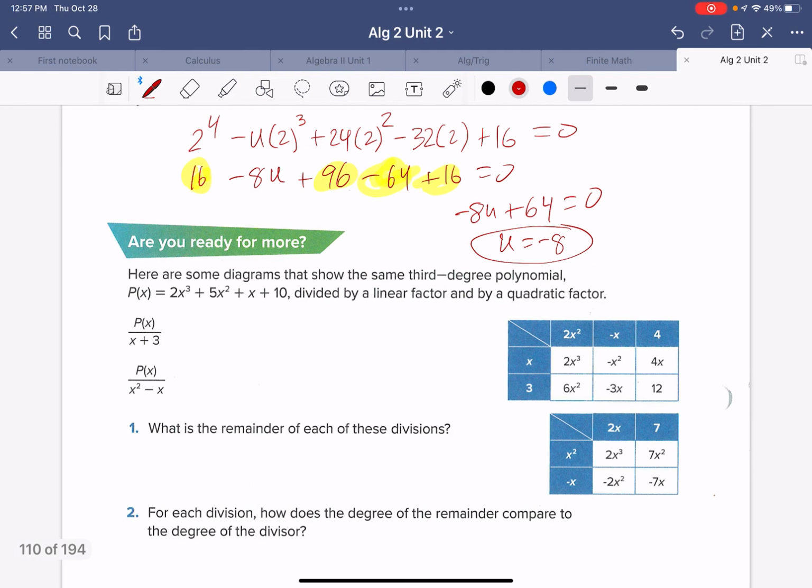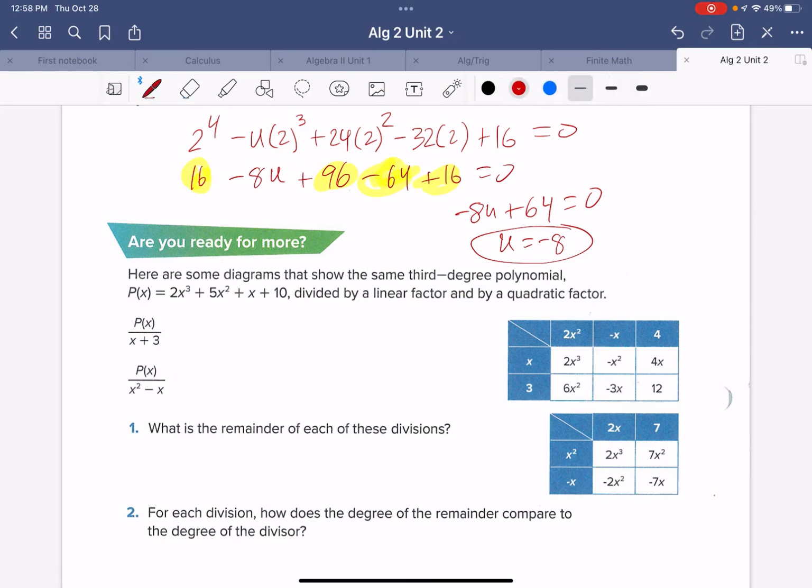All right, now this box over here is like the multiplying box. So we're multiplying x plus 3 times this to get the stuff underneath here. All right, so we didn't do a lot with the multiplying box, but the idea here is to find the parts that match up here.